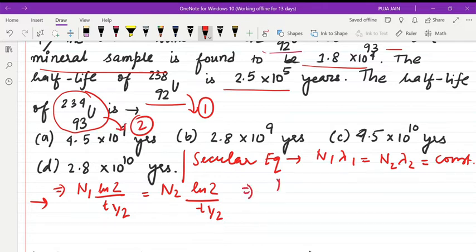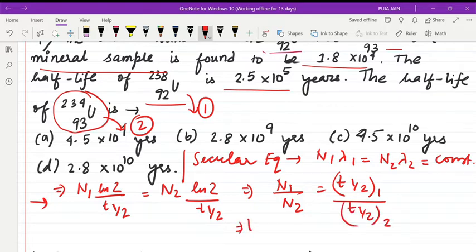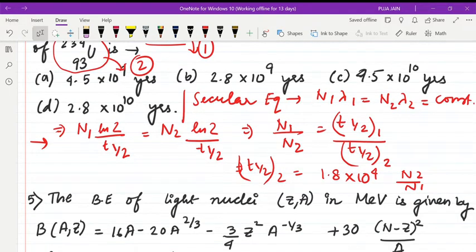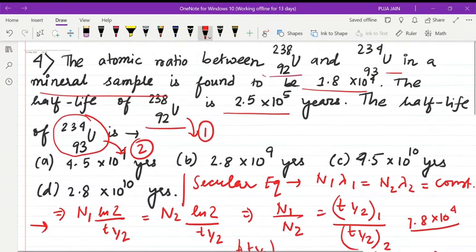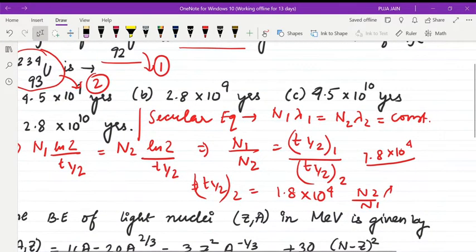So N1 by N2 equals t half of 1, that is 238, by t half of 2, that is 234. We need to find t half of 2, that is t half of 1 times N2 by N1. N1 by N2 is given as 1.8 into 10 to the power 4, so we divide 2.5 into 10 to the power 5 years by it.